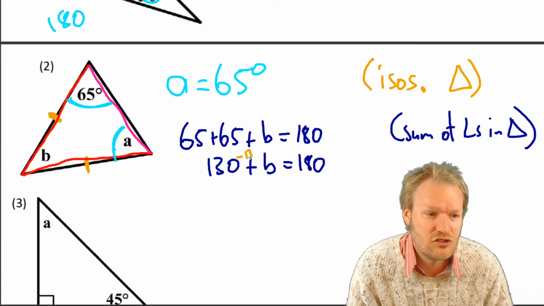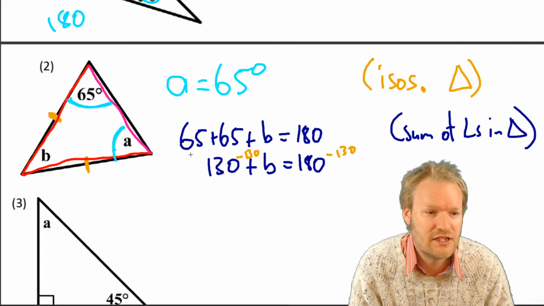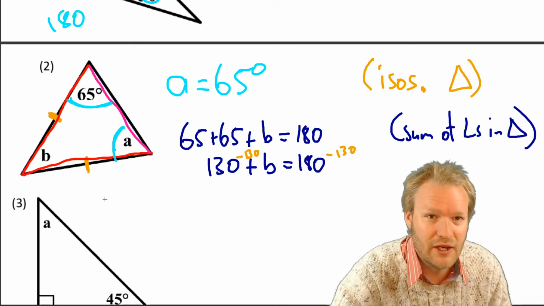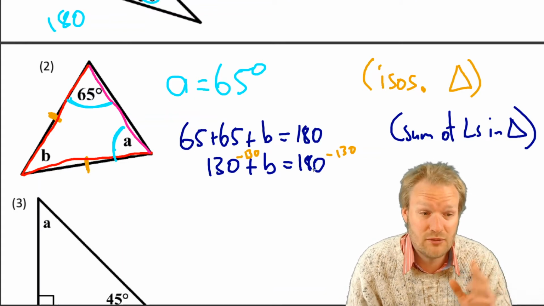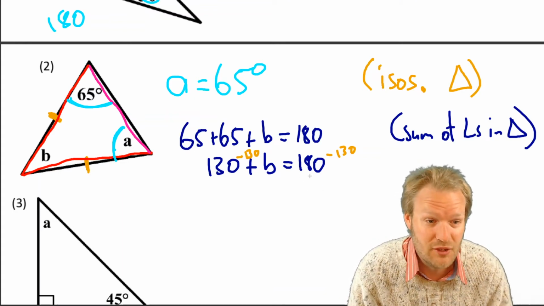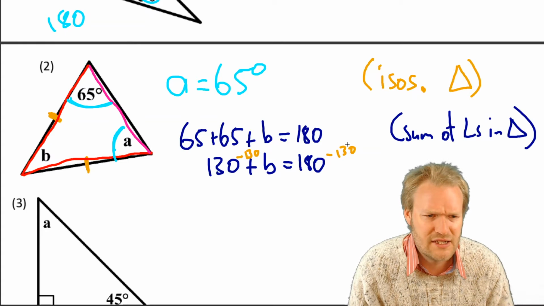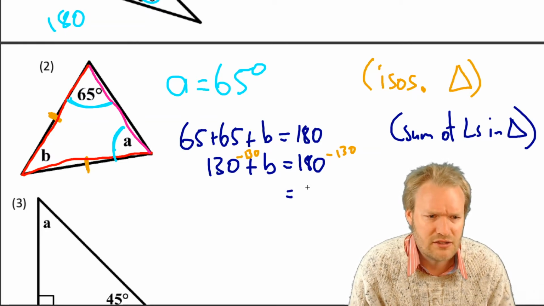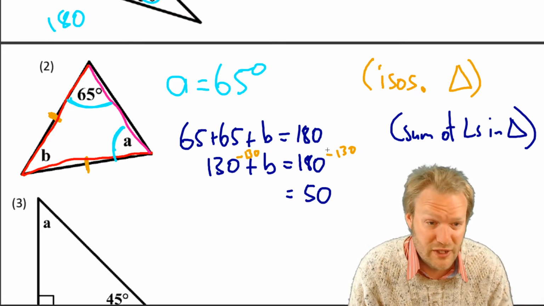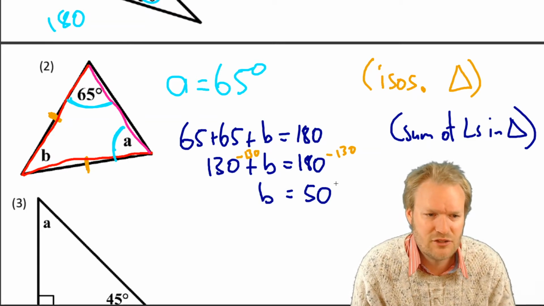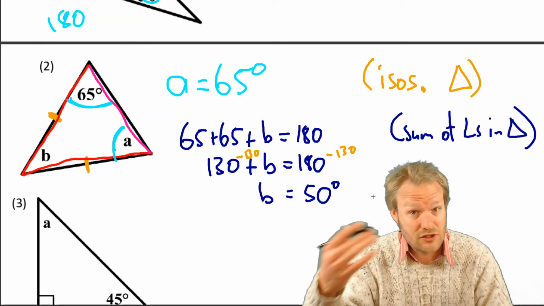Again, let's just show that step: 180 minus 130. Remember, these are friendly numbers; we should be comfortable working with them. 18 minus 13 is 5, but add the 0 because we're multiplying by 10. So that's what B is, 50 degrees. Okay, so there we go.